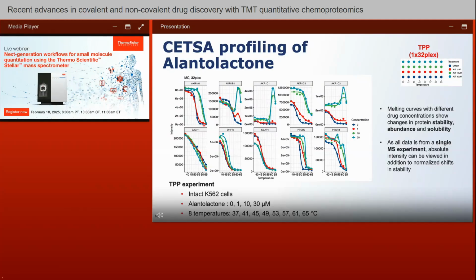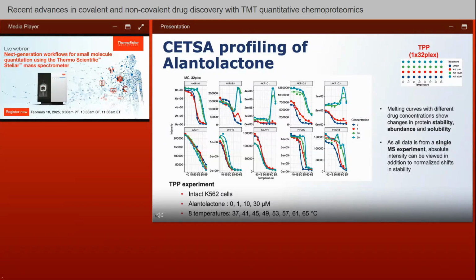What is interesting to see is that for some other proteins, like AKR1C1, C2, C3, we not only see the stability changes, which can be visualized by the right or left shift of the melt curves, we also see a shift in the melt curve position along the y-axis, which corresponds to the increased amount of protein available already at the lowest temperature applied, 37 degrees here.